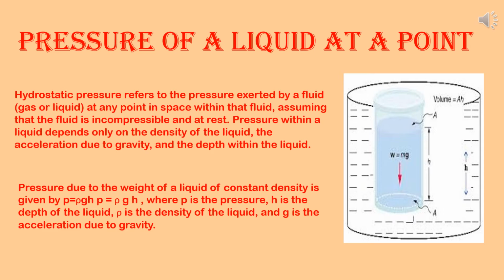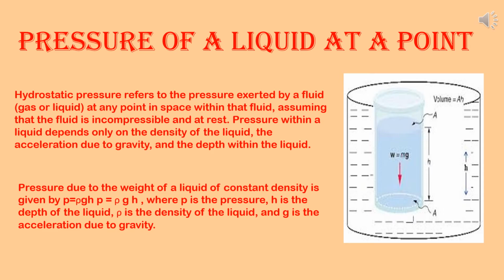Consider a horizontal area A containing the point P at a depth h below the surface of liquid of density rho. Let us imagine a vertical column inside the liquid having base of area A. Thus, the volume of the liquid column is equal to A into h. Mass of the liquid column is equal to A into h into rho.